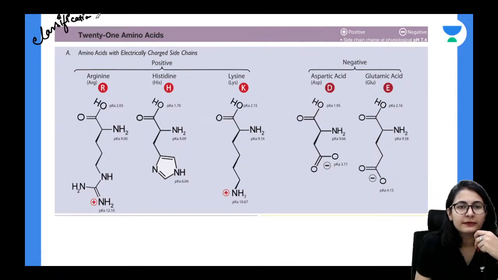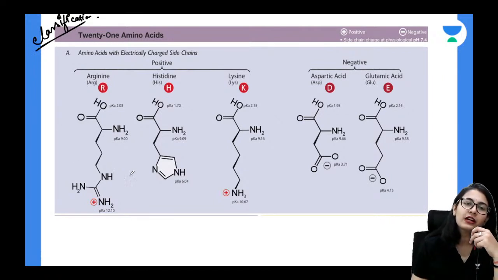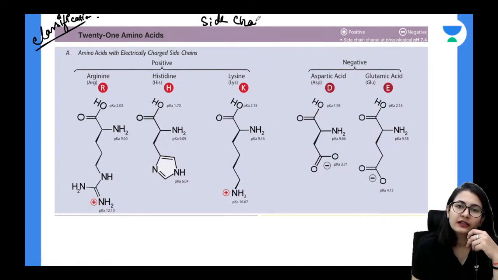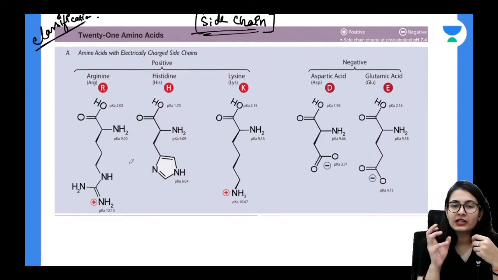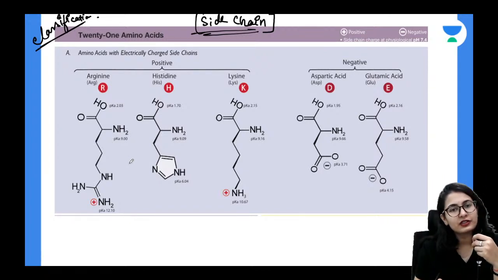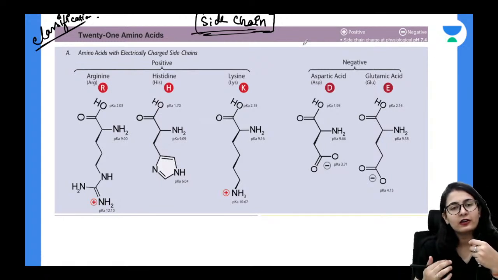Chalo, so let's start with the classification of amino acids. Okay guys, classification based on what? We are going to do the classification based on the side chain of the amino acid. Now first of all, you know that there are some amino acids which are essential and non-essential. Essential amino acids are those which are not produced in your body and have to be consumed from some external source, and non-essentials are those which the body already produces.